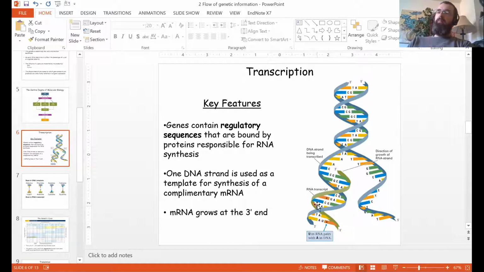So this mRNA strand being synthesized on the left-hand side is, other than there being uracils in place of thymines, an exact copy of the coding strand on this side.